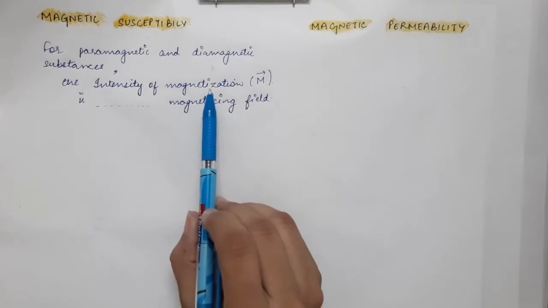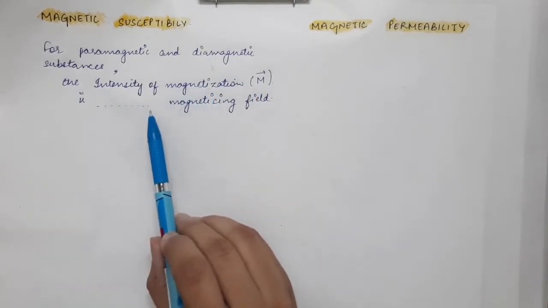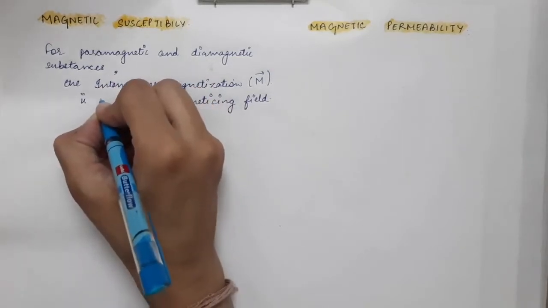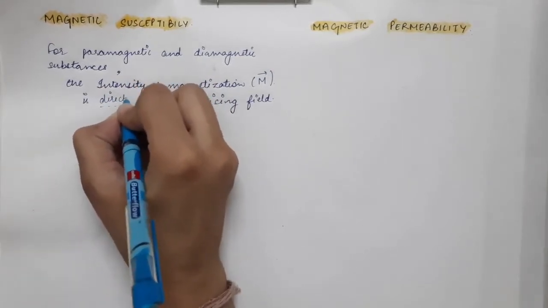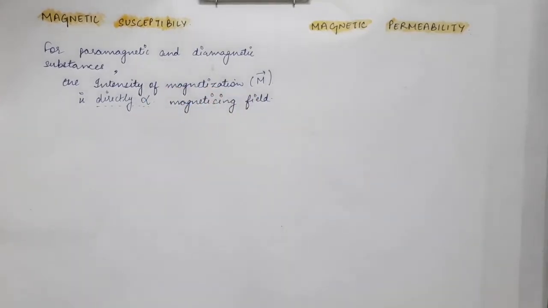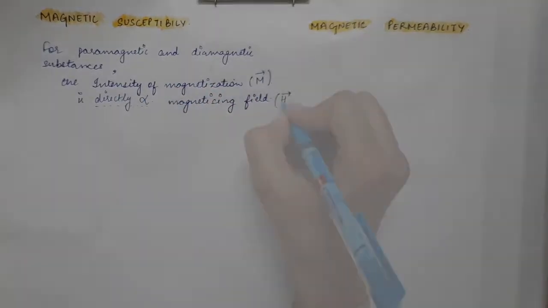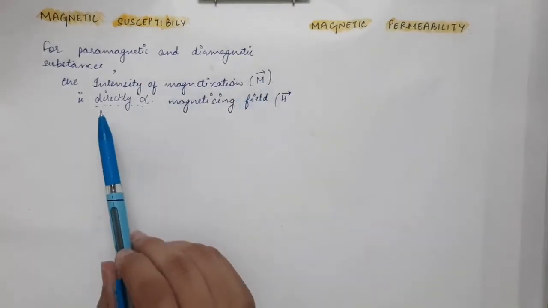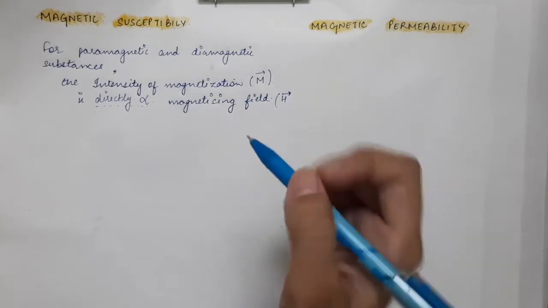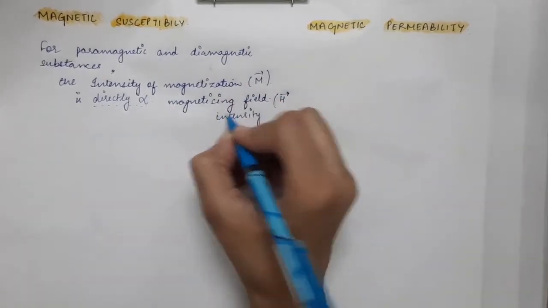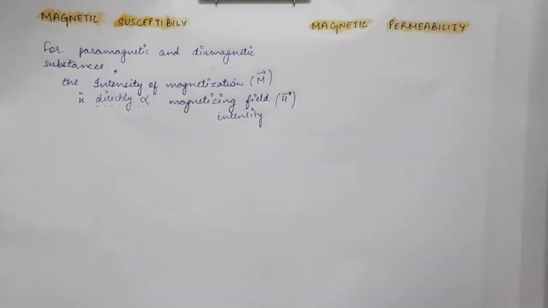So intensity of magnetization is directly proportional to the magnetizing field. The intensity of magnetization M vector is directly proportional to the magnetizing field intensity, which we represented by H vector.